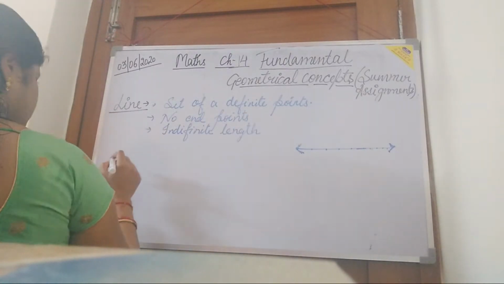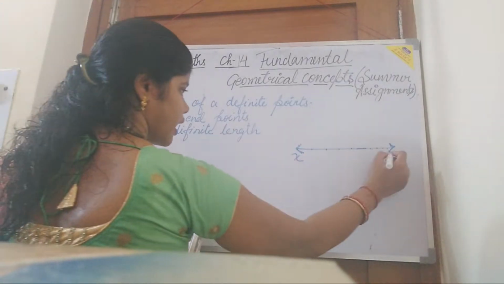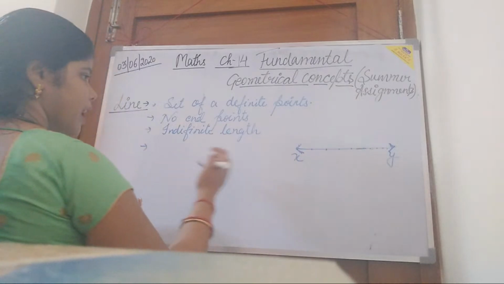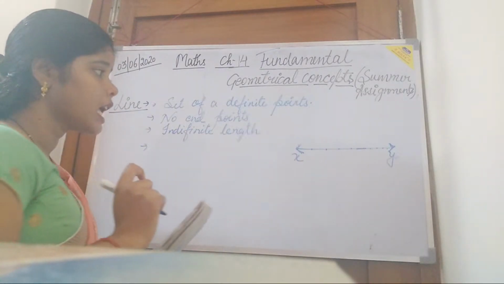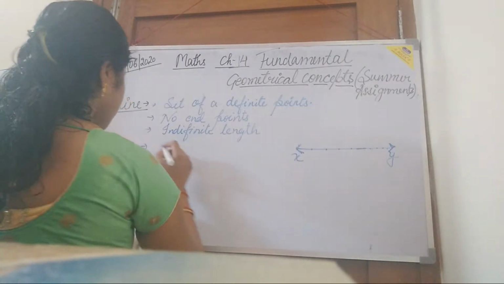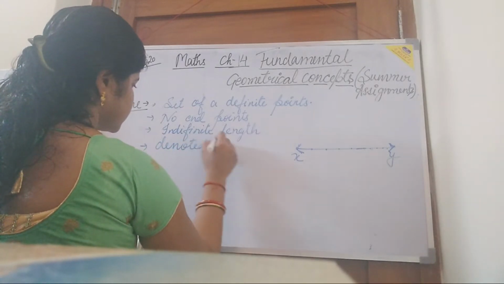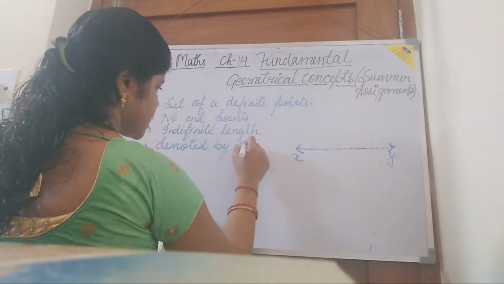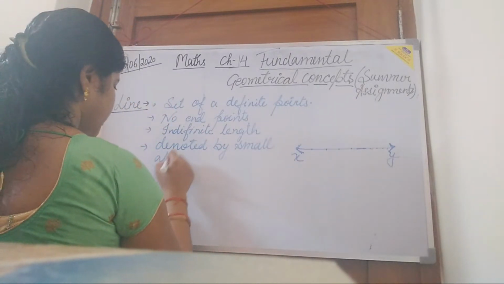And it is denoted by a small letter, that is X or Y. You can denote it by whatever English alphabet letters you take for a line, denoted by small alphabet letters.